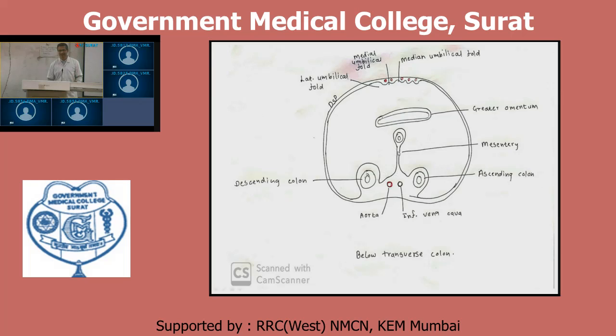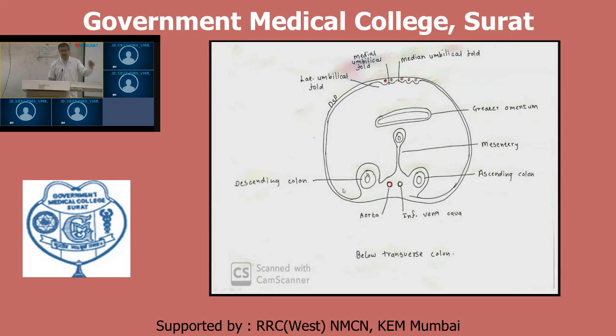In relation with the posterior aspect, what lies there? Aorta and inferior vena cava. These two structures lie in relation with the posterior aspect, and this is tracing. Now here, greater omentum is freely available. There are 4 layers of this greater omentum anterior to this mesentery, or you can say anterior to this intestine.